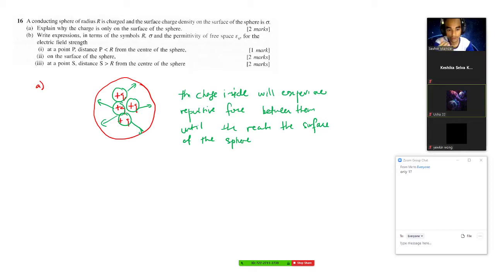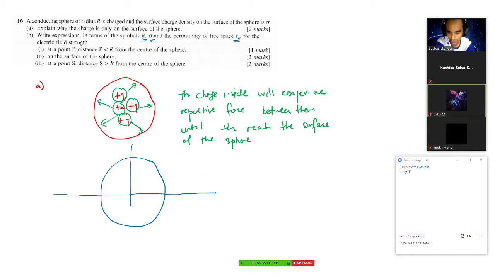Okay, so part B1: write an expression, with the symbols R and sigma and infinity of space, for the electric field at point P from the center. Let's say we draw a sphere here, and this is the origin.